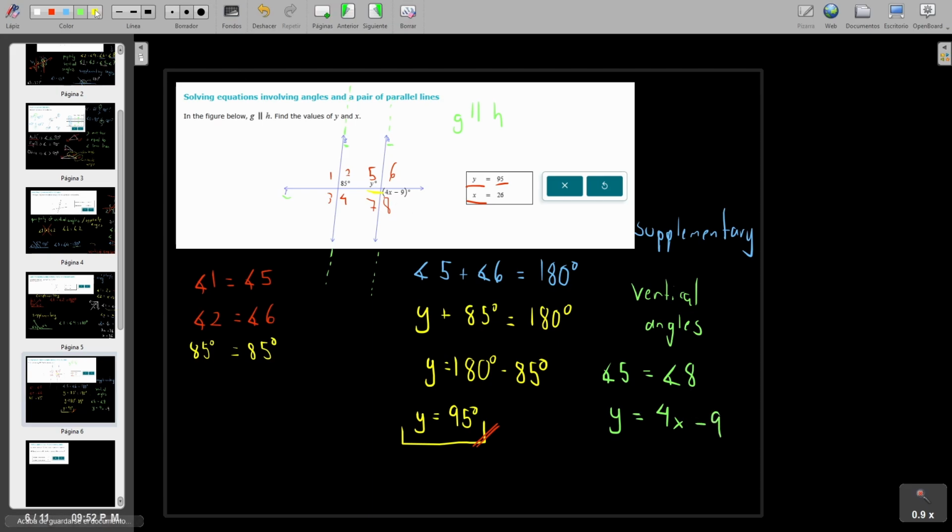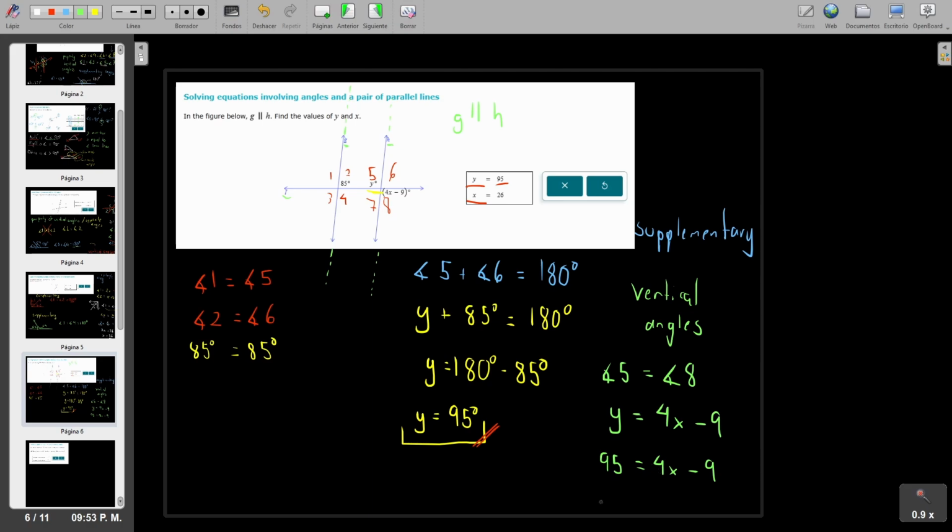We already have the value of y. Y equals 95. So we can put 95 here equals 4x minus 9. We can choose to put the x's or the numbers to the left or the right. In this case, I'm going to put them to the left. As you can see, we're going to be changing some signs.